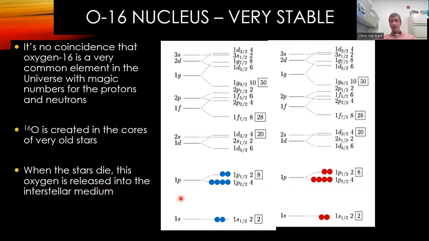Oxygen 16, very stable, not surprisingly, because 8 protons and 8 neutrons fills the first and second shell. Okay, so oxygen 16 has a much higher binding energy than some of the other elements.